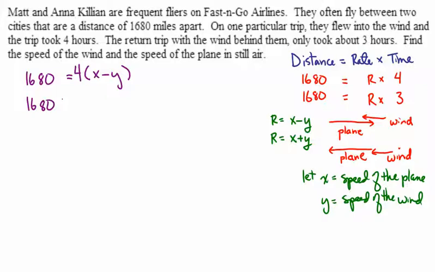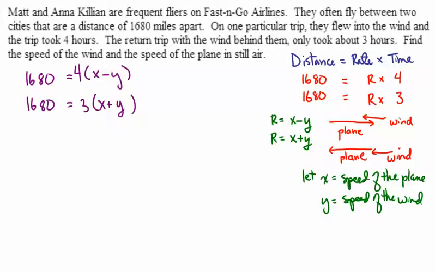Coming back, we have 3 hours, and the speed is x plus y. All right, I hope that makes sense. And instead of writing rate times time, I made it time times rate, just because it seems to work out better having the numbers on the outside on the left of the parentheses.